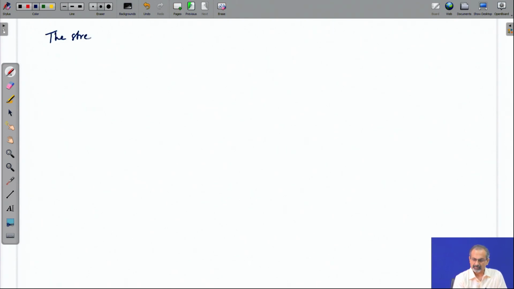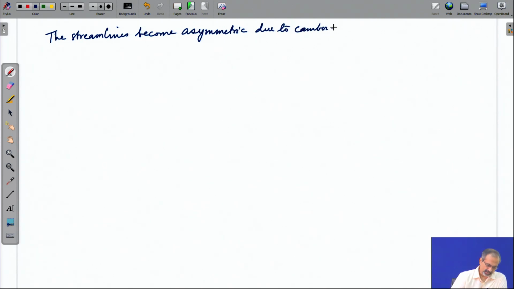The streamline patterns, or streamlines in general, become asymmetric due to camber and also as alpha increases.